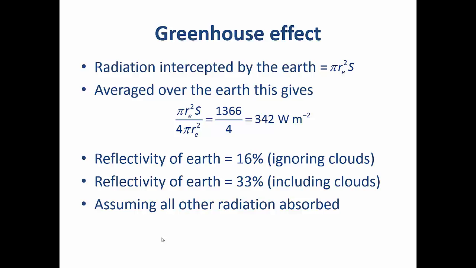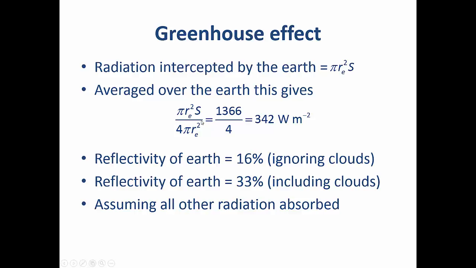The actual radiation intercepted by the Earth will be given by the Earth viewed effectively as a circle in first instance, because it will be a circular area that you see from the Sun, and that will simply be given by pi times lowercase re squared.